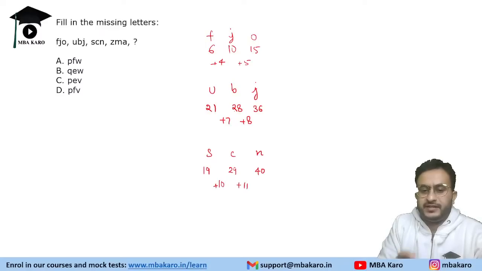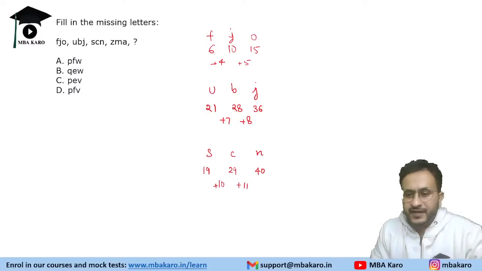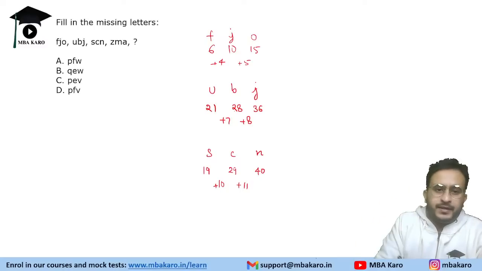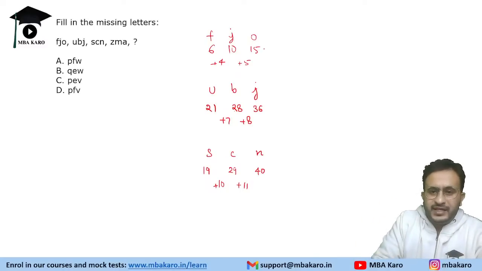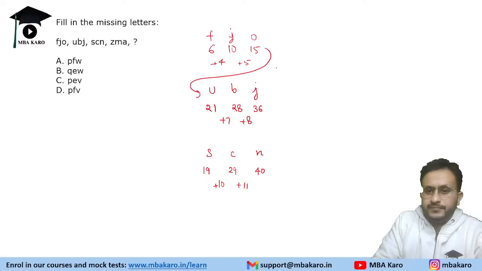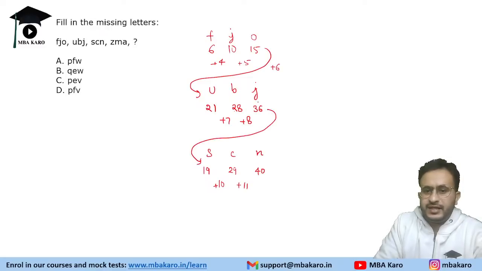So if we know the first term, we can find the second one, and the third. But how to find the first one? Is there any connection between O and U? It is increasing by 6. If you see J and S, J is basically 10 or 36, and S is 19, plus 9, right? So it is 4, 5, 6, 7, 8, 9, 10, 11.